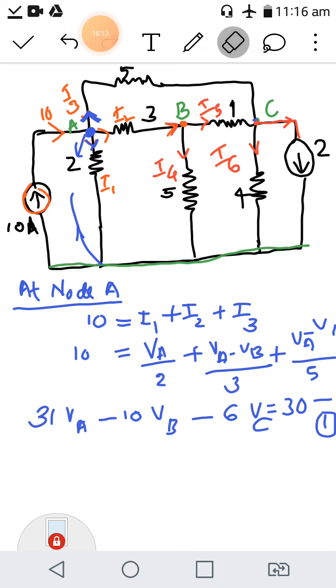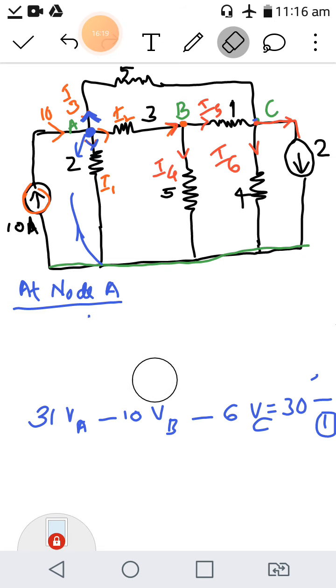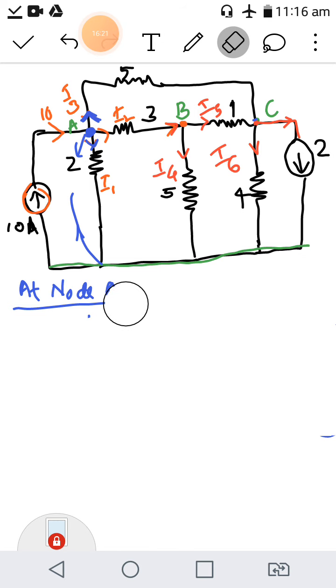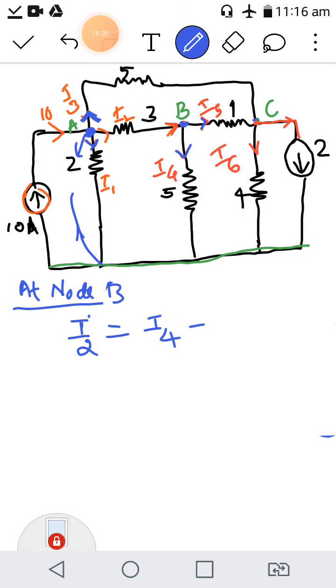Okay, so similarly at node 2 write the equation. At node B, what is KCL? I2 is the total incoming current at B, so I2 is equal to, at B the current leaving are I4 and I5, so I4 plus I5. Now what is I2?